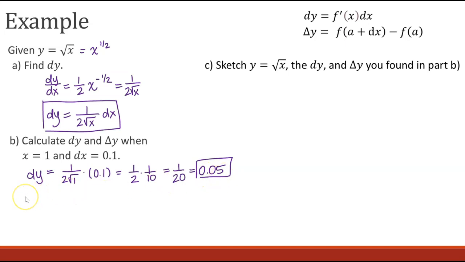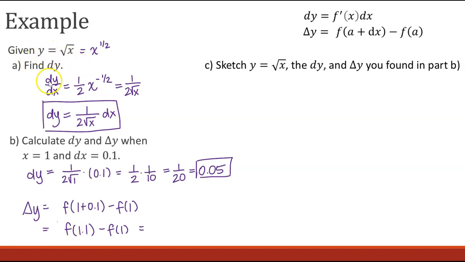So now let's figure out, well, what's the actual change in y? What is delta y? To calculate that, we have this formula here, f of a plus dx minus f of a. We're going to have f of 1 plus 0.1, so that's a plus dx, and then minus f of 1. So this is f of 1.1 minus f of 1.